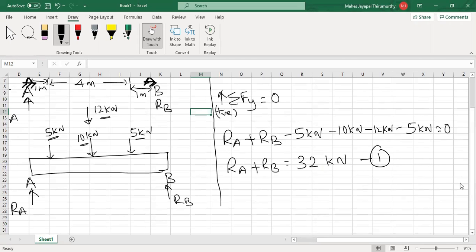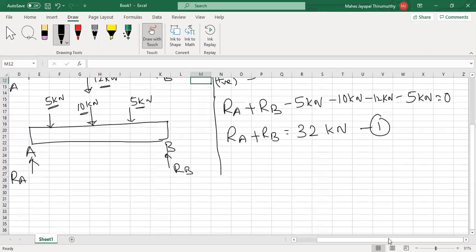So RA plus RB equals 32 kilonewton; I keep this as equation number 1.